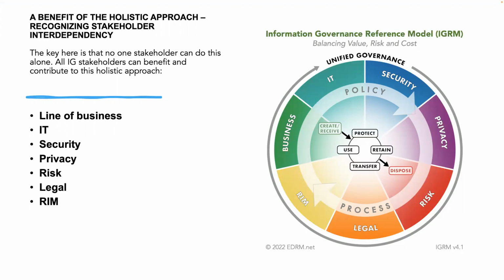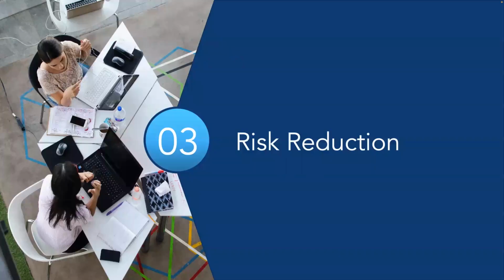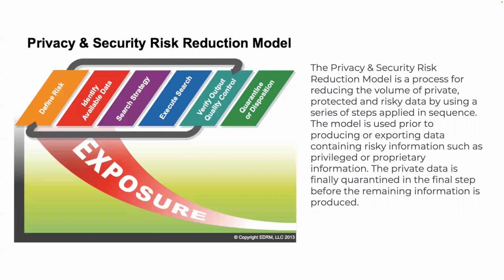So once we have that strategy, then we look at risk reduction, right? So risk reduction is an iterative process that helps to reduce your overall exposure in the organization. And so here we have the privacy and security risk reduction model. And you can see on the left-hand side, we have more exposure.